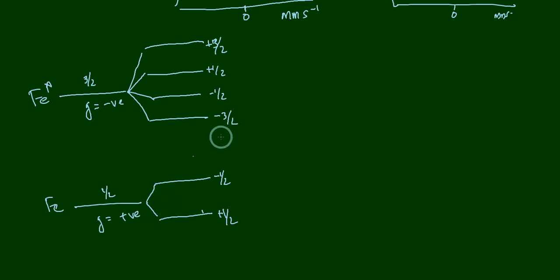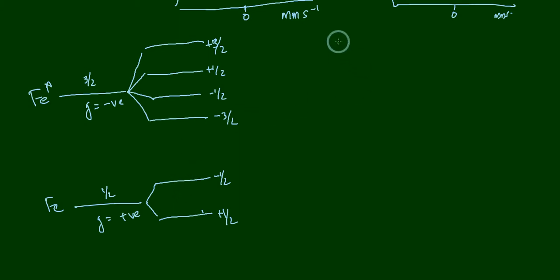Now we know that in the case of the ion there are 6 energy levels altogether, right? The ground state has 2 energy levels and the excited state has 4 energy levels. If you are considering the transition from here to here, which are the allowed transitions? There is a selection rule corresponding to that.